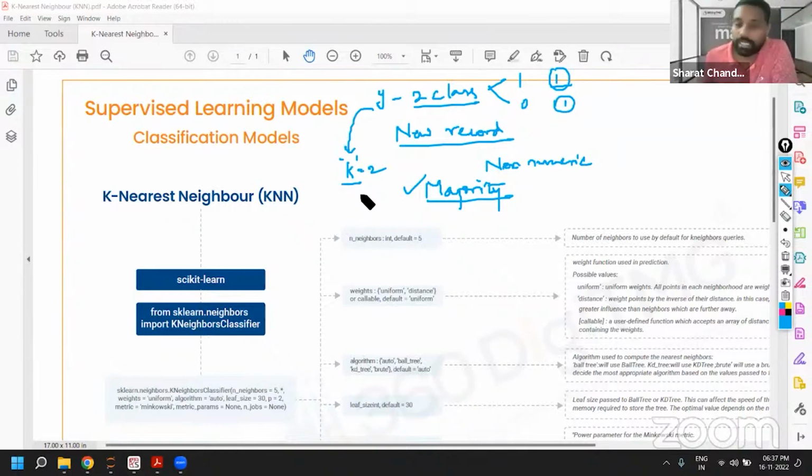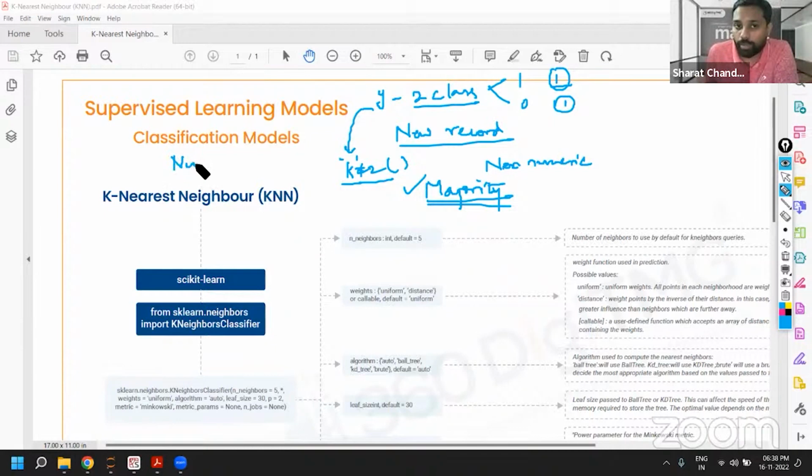As a developer, when you're writing your KNN code, you need to ensure that you don't choose a K value which is a multiple of the number of classes that you have. This way, you don't get into the ambiguity scenario and you will get a majority.